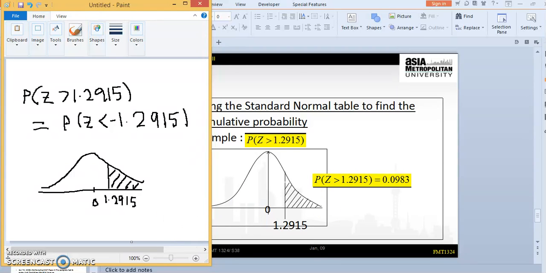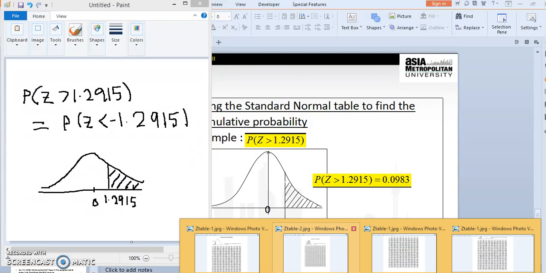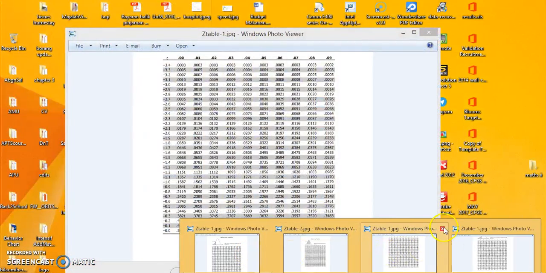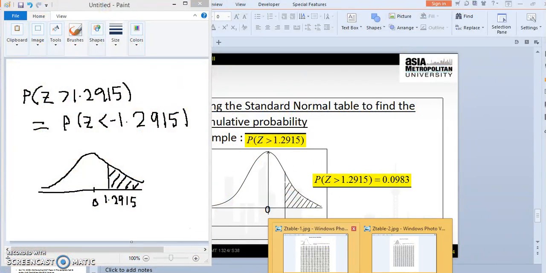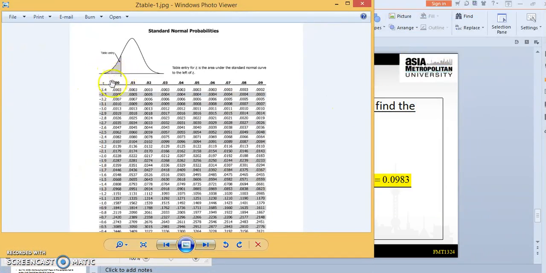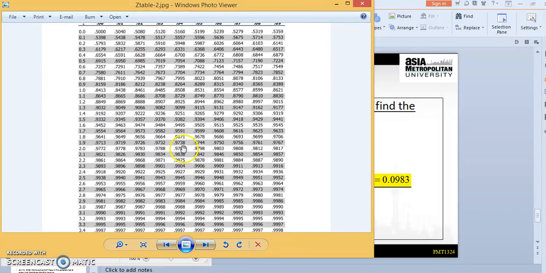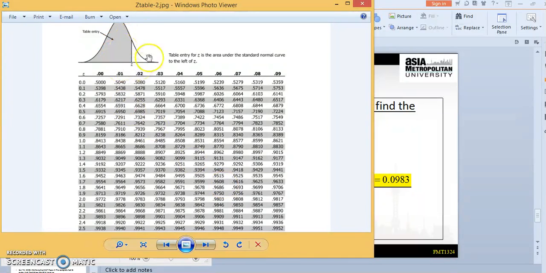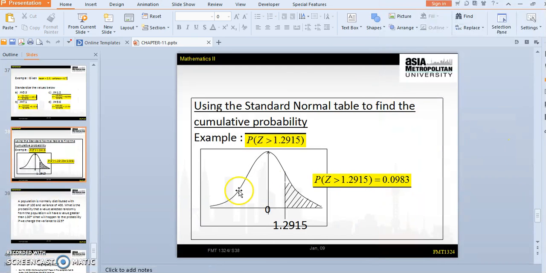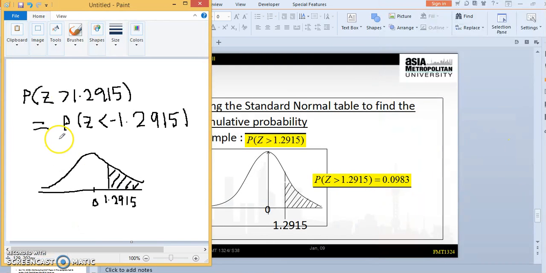If you refer back to your normal table, you are given this one, which gives you the negative value of z, and this one, which gives you the big area on the left hand side and a positive value of z. So when you know that z greater than 1.2915 is also equal to z less than negative 1.2915, the graph would be something like this.